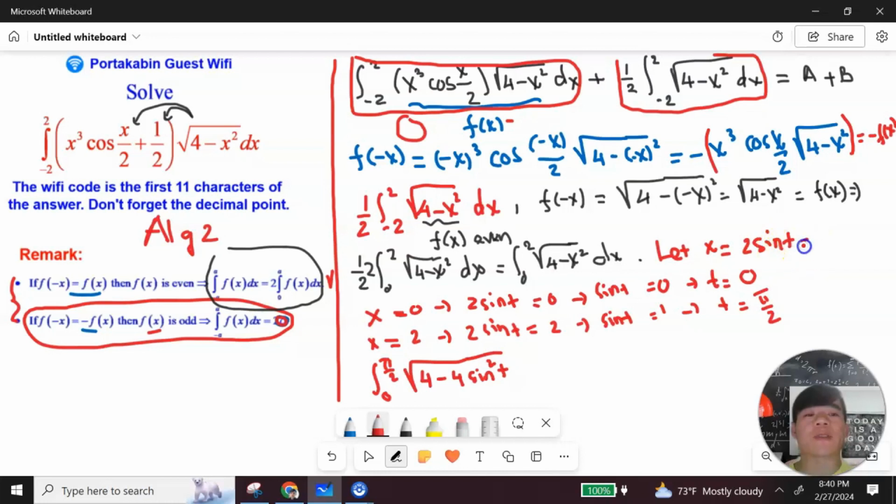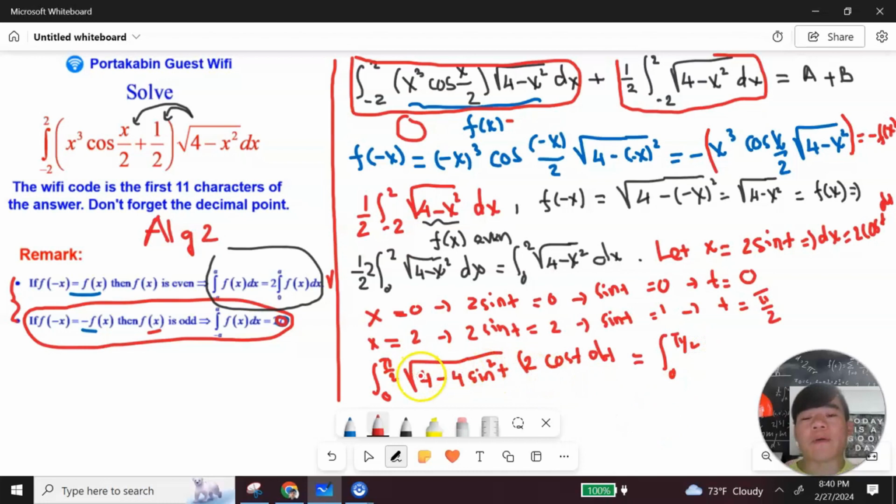So ds equals 2 cosine t dt, right? So I substitute ds right here. It's going to be 2 cosine t dt.